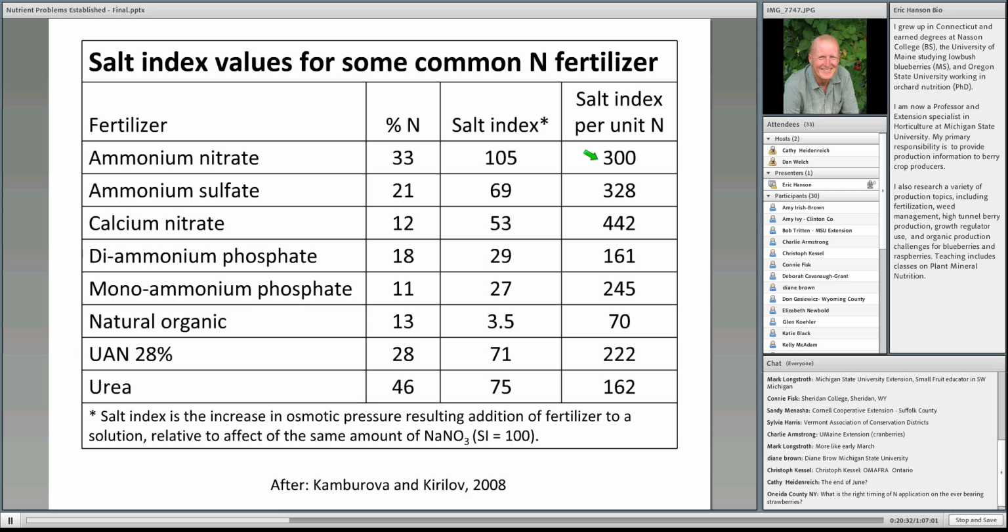And so this last column is the salt index per unit of nitrogen. And you can see that numbers flip-flop, so ammonium nitrate might actually be more safe to use on younger plants than calcium nitrate. Another aspect of this, of course, is it's easier to hand apply more diluted fertilizers such as calcium nitrate than ammonium nitrate.